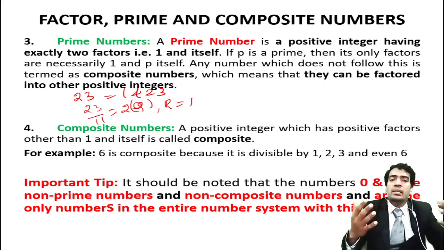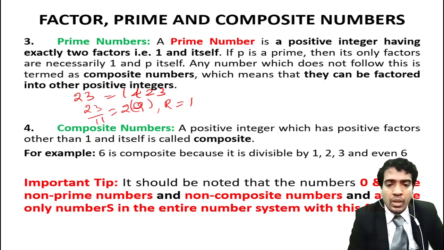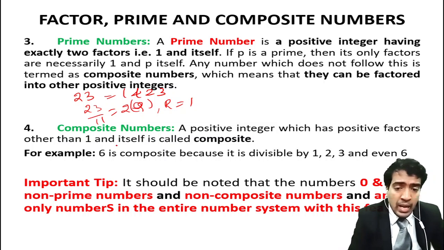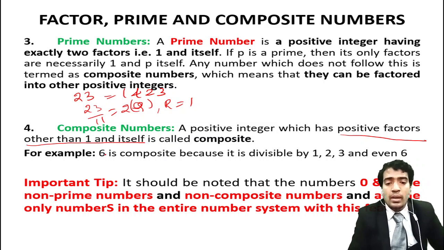Then only you will call that a composite number. Here please understand again, what is a composite number? The definition of a composite number is any positive integer which has positive factors other than 1 and itself.